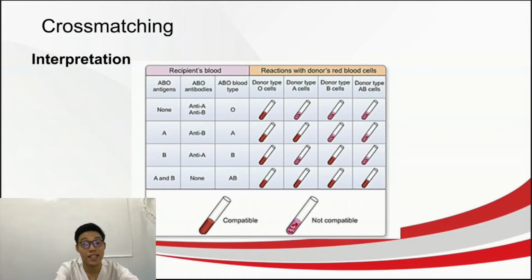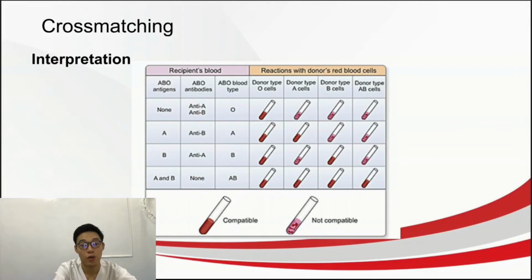So as you can see in the picture, this is the recipient's blood in reaction with donor's red blood cells. So in the first column, ABO antigens, ABO antibodies, ABO blood type, donor type O cells, donor type A cells, donor type B cells, donor type AB cells.